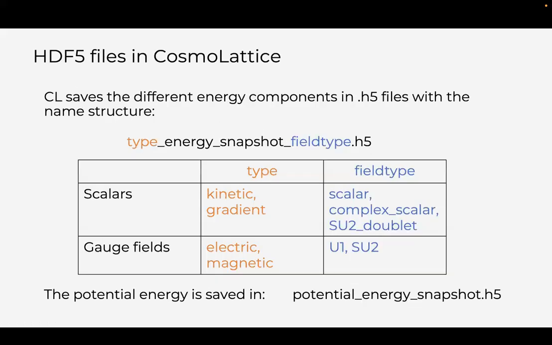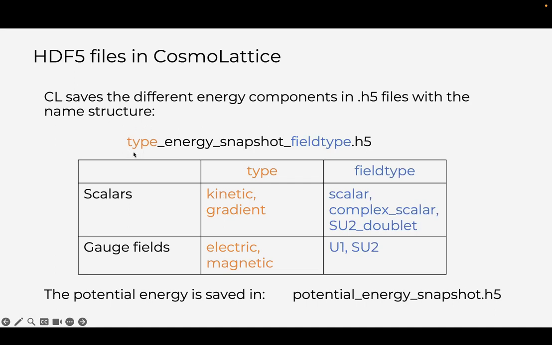Now, the HDF5 files in CosmoLattice are saved as follows. It outputs these types of files which have this structure, where in the first part you have the type of your energy, which in the case of the scalars are kinetic and gradient energy, and for the gauge fields are called electric and magnetic.